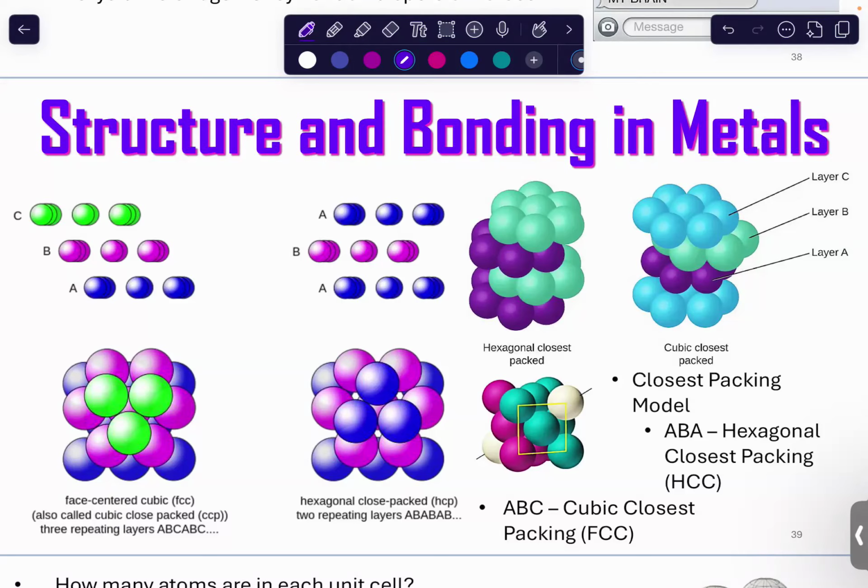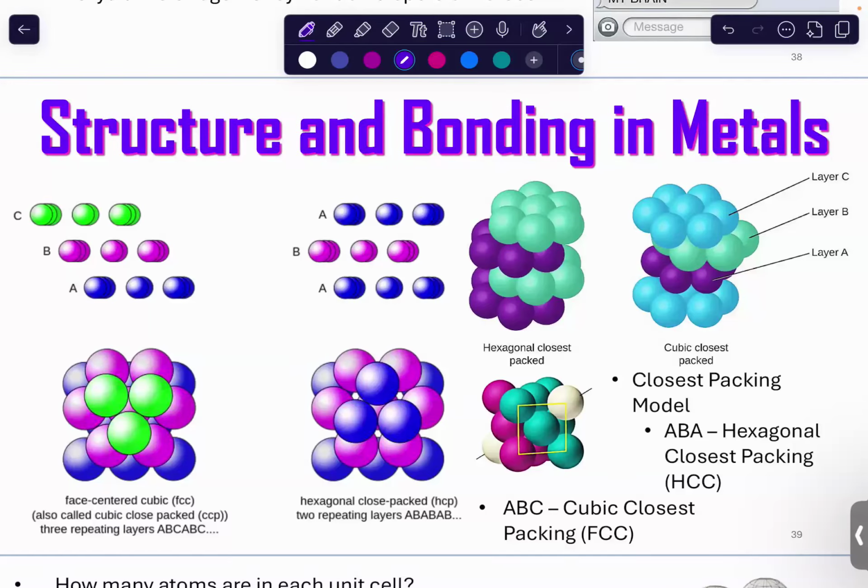It depends on how the atoms of each layer shift, and then it just repeats this stack over and over again. So your cubic one would be ABC, ABC, ABC, just building layers.